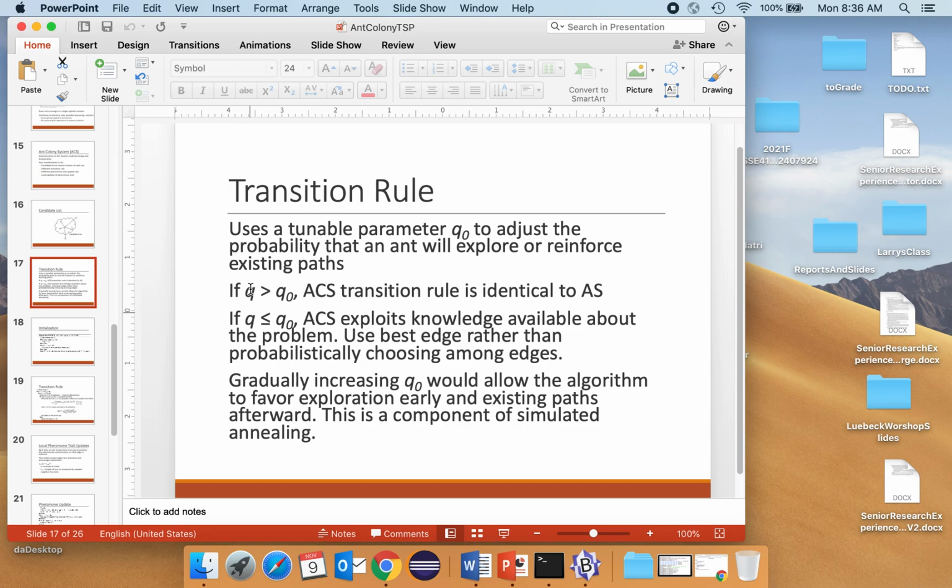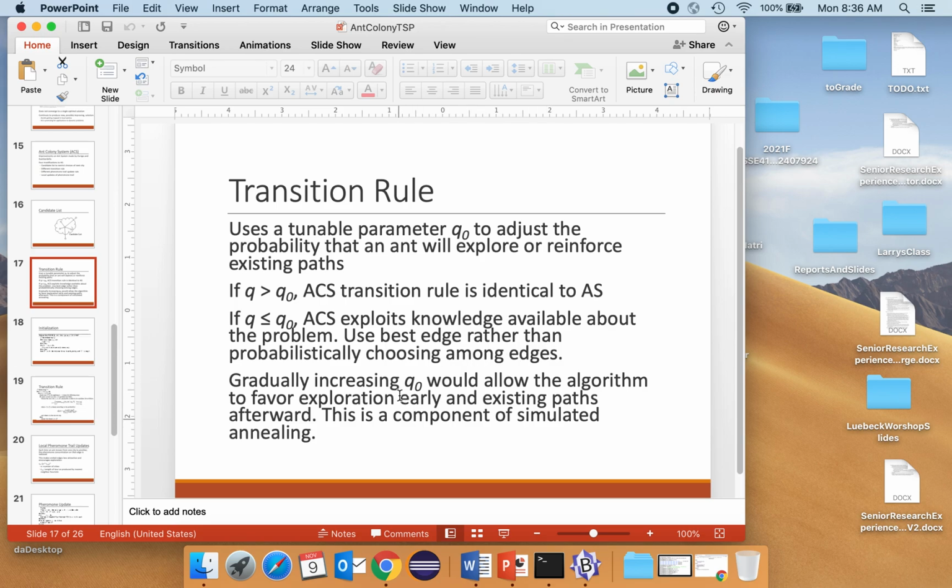If Q, we'll see that in a moment, is greater than Q0, then the transition rule is the same as we have seen before. But if Q is smaller or equal to Q0, it exploits the knowledge available about the problem. It just simply picks the shortest edge, the best edge among the ones that are still remaining.